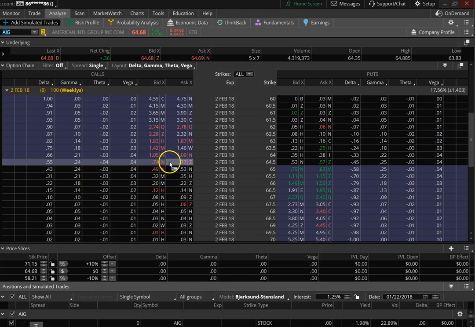And stable stocks, you'll notice, have lower premiums, but they also move less. They're not exciting, but they're steady, and these are nice stocks to learn on because you don't get the wild swings. And when you do that, it takes a lot of the stress out.